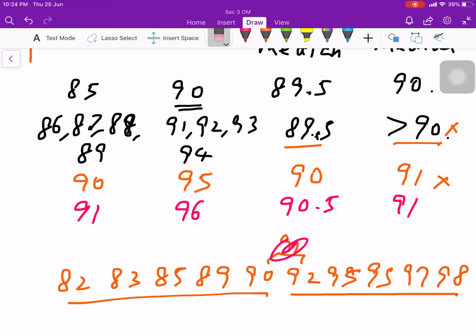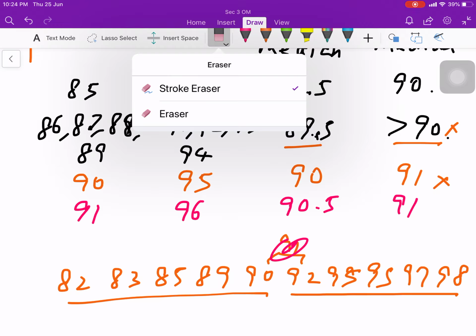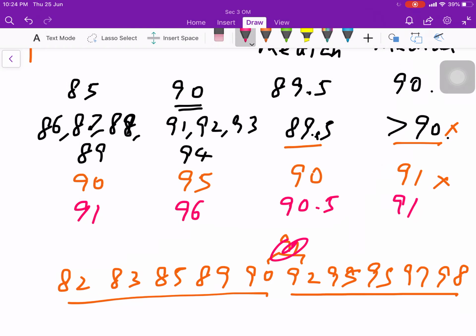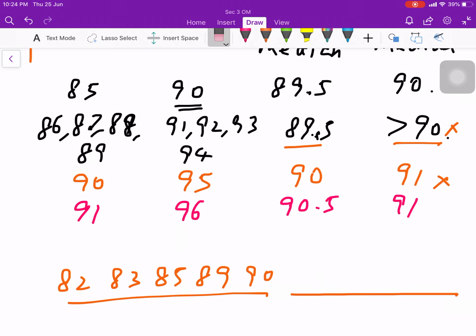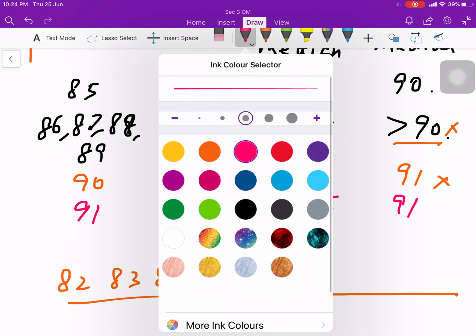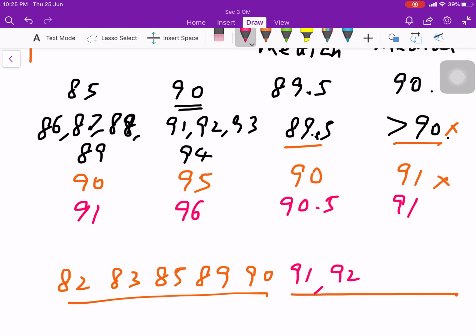The original score is 91. Okay, let's look at this. That means if the original score is 91, then you have 91 here, right? Then 92, 95, 97, 98. What is the original median?